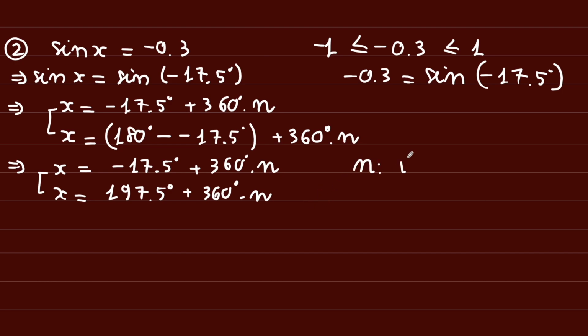And for n here, you got an integer. Okay, so different from example 1, the original angle of the second example here is a negative angle. That's not a positive angle anymore.